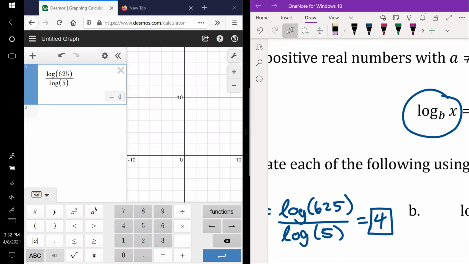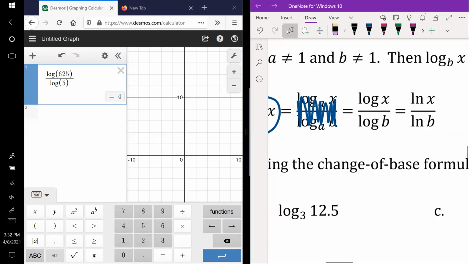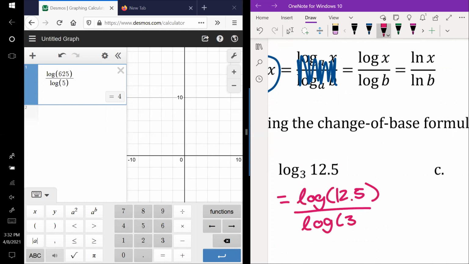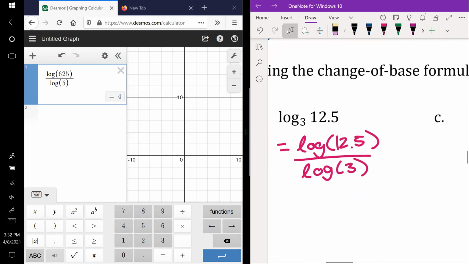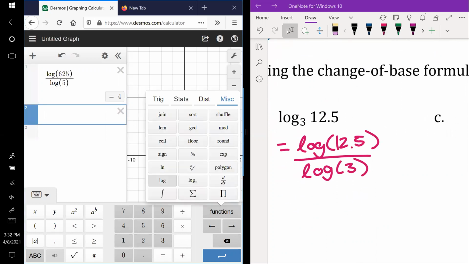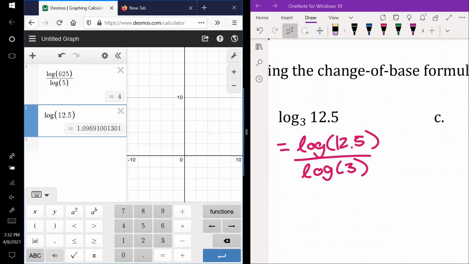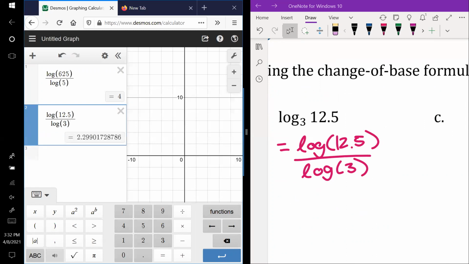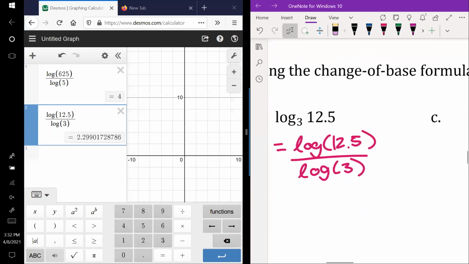Okay. And then B, log base 3 of 12.5. Well, by the change of base, I can rewrite this as the log of 12.5 over the log of 3. Put that in Desmos. Log of 12.5 over the log of 3. And we get, and I'll do this to 3 decimal places, 2.299.